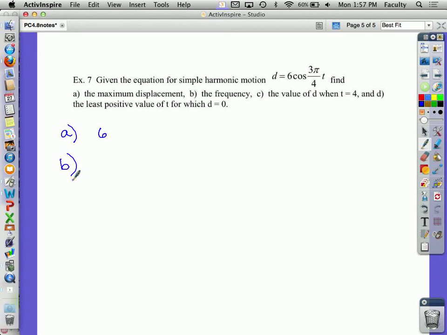In B, it says what's the frequency? Well, frequency is equal to the reciprocal of the period. Well, the period is 2 pi over omega, so the frequency is omega over 2 pi. Well, what's omega here?